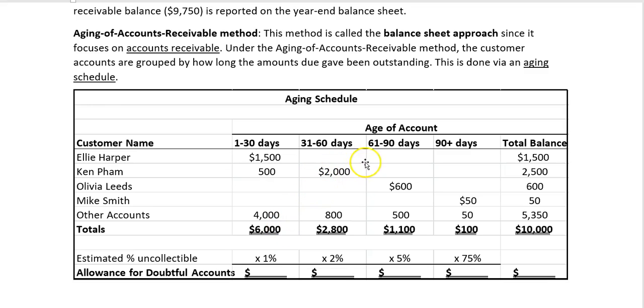The next set here, between 1 month and 2 months, we have 2,000 for Ken and 800 for other. Then we have 61 to 90 days, 600 for Olivia, 500 for other, and finally 90 plus days, 50 and 50. The last column here sums up everything you see just by adding across.